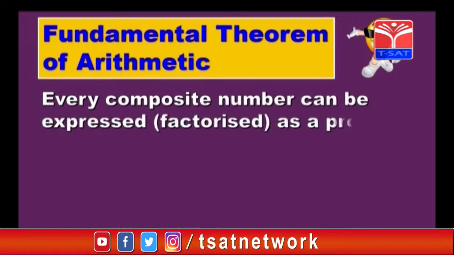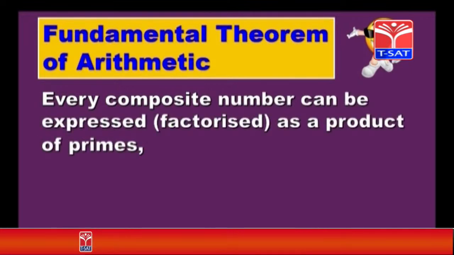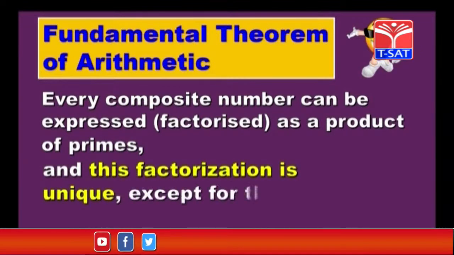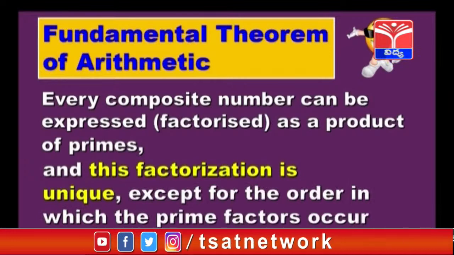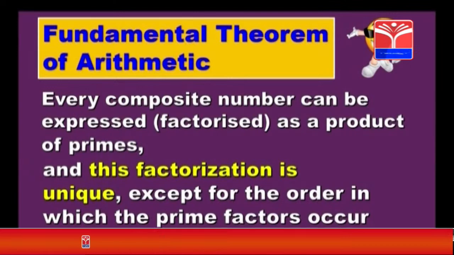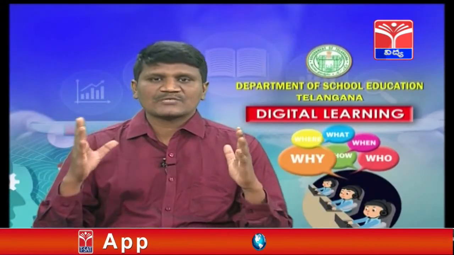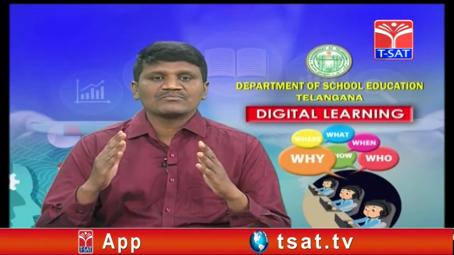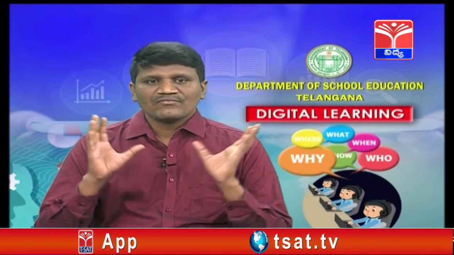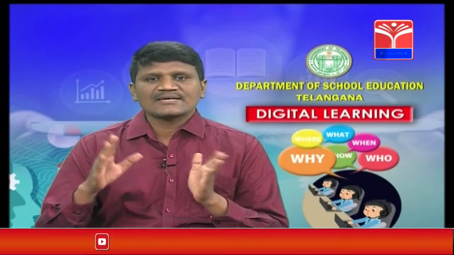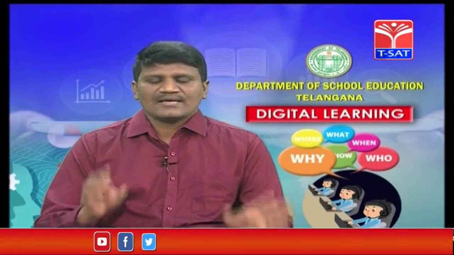Every composite number can be expressed or factorized as a product of primes, and this factorization is unique except for the order in which the prime factors occur. That means every composite number can be expressed as a product of primes, and this factorization is unique except for the order in which they occur.